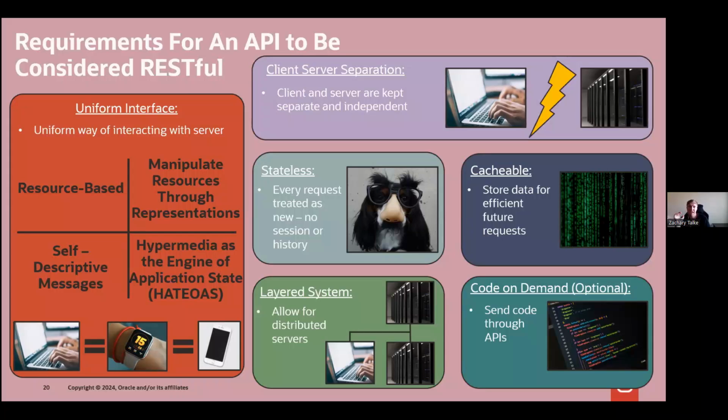So the reason why this is optional is because it's really, in most cases, only best for internally used APIs, just because with public APIs, there is that security concern there.